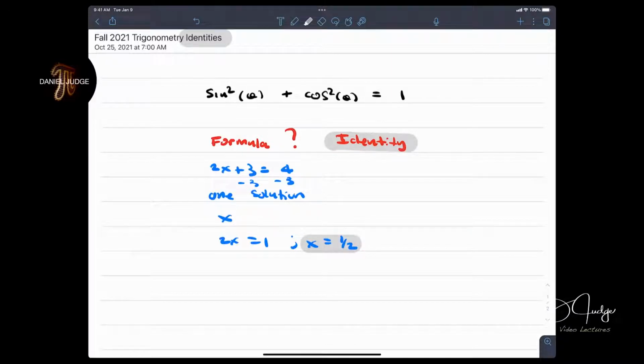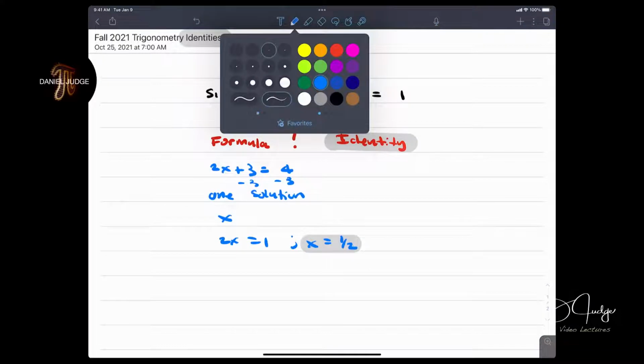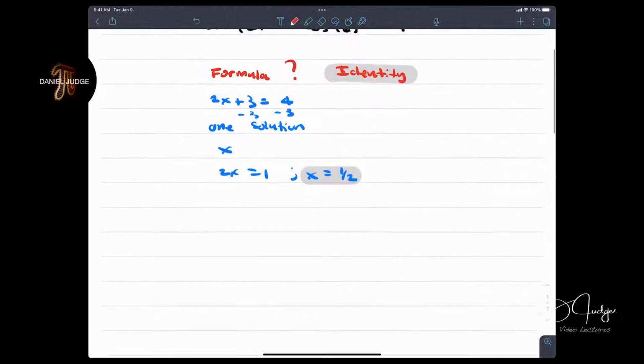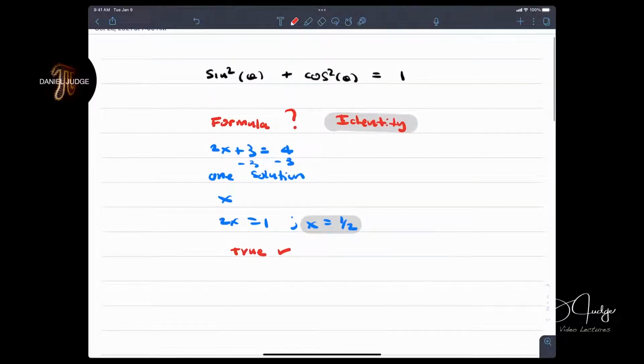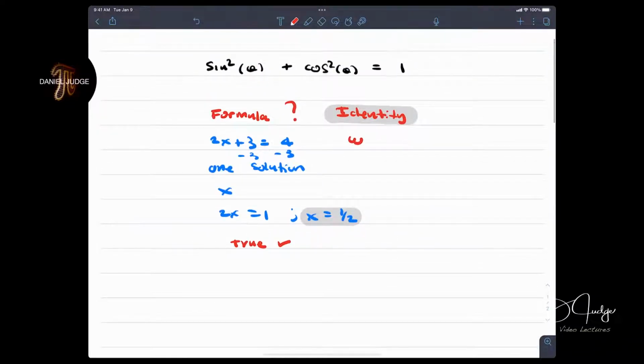An identity, ladies and gentlemen, so if I go back, comparing a formula like we have here, this is only one value where you get a true statement. Only one value. An identity now, this works for essentially all real numbers. In other words, theta, which could be an angle which gets converted to a degree, which is a real number, it works for any real number, any value.